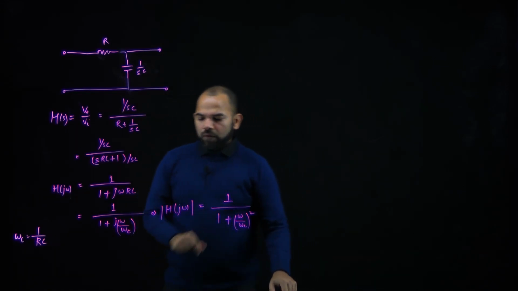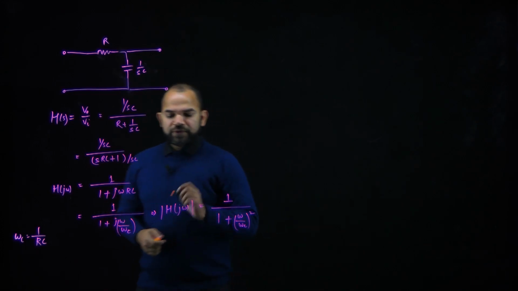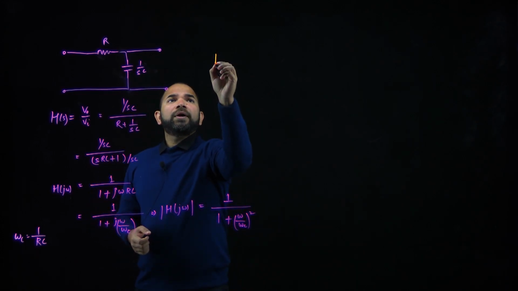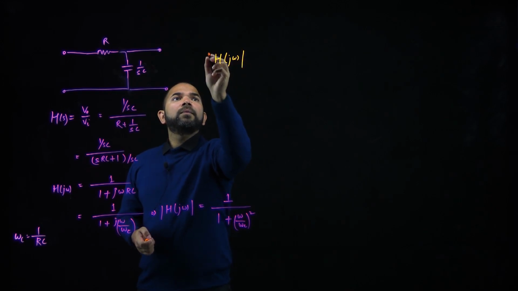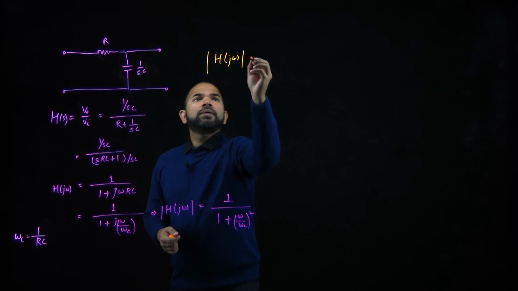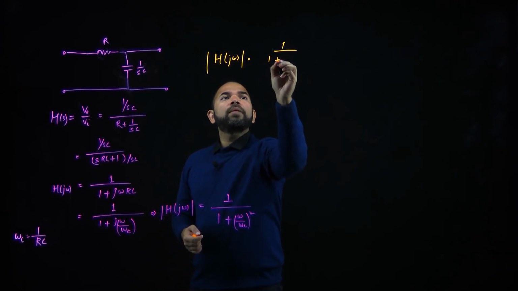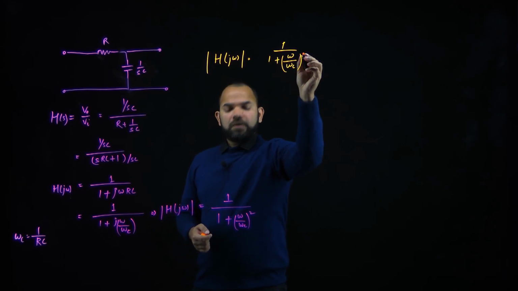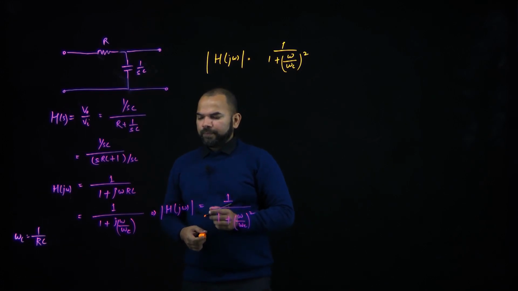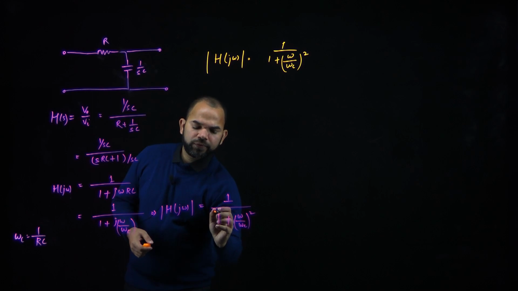So we need to observe this transfer function very carefully. I'm writing it again here: the magnitude of H of j omega equals 1 over the square root of 1 plus omega over omega c, whole squared. It should be a square root, I guess.